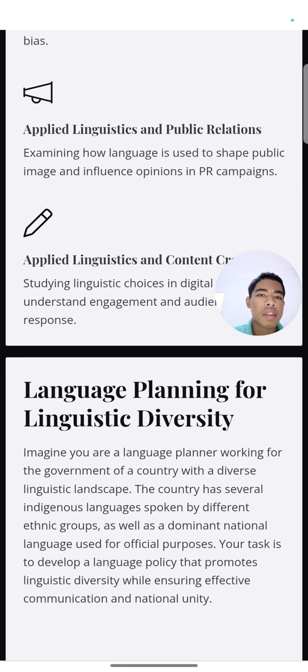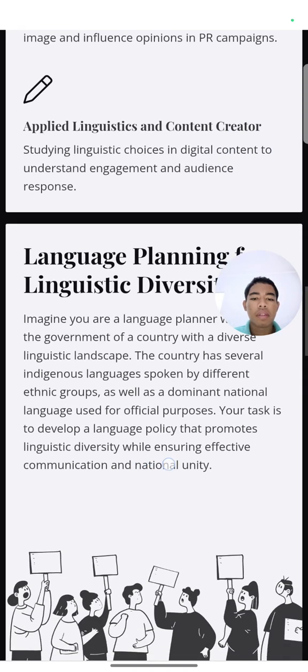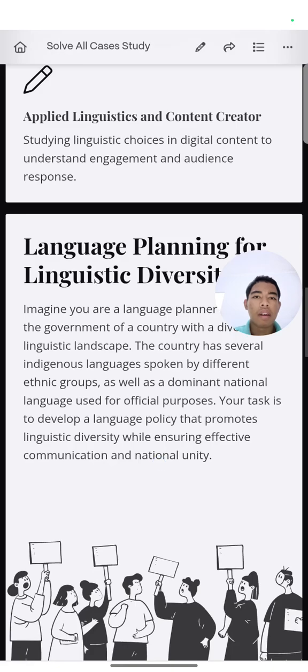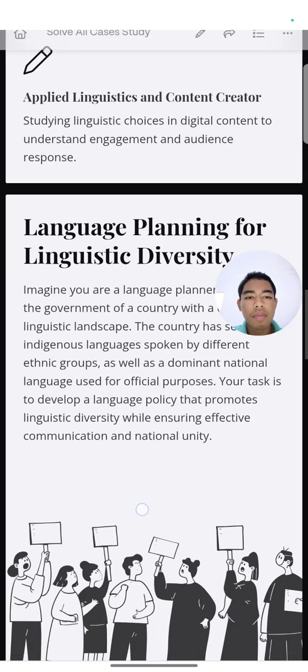Applied linguistics and public relations: examining how language is used to shape public image and influence opinion in PR campaigns. Applied linguistics and content creators: studying linguistic choices in digital content to understand engagement and audience response.